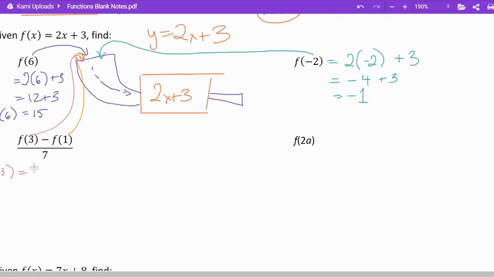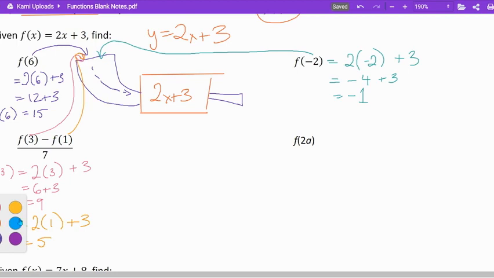So that means 2 times the input, 2 times 3, plus 3. 2 times 3 is 6, plus 3 equals 9. Great, but then we have another input, an input of 1. What is the value of the function at x is 1? It's going to be 2 times 1 plus 3. 2 plus 3 equals 5.